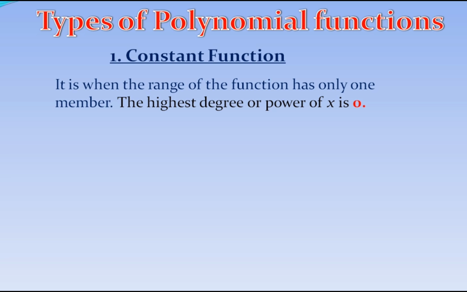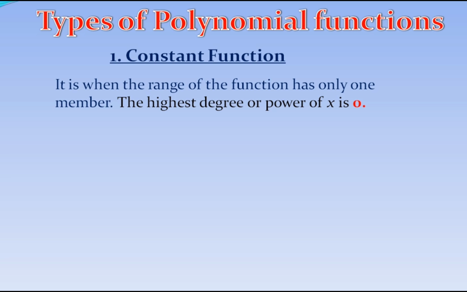When you have a function which has only a constant, note that the highest degree of that function is 0. So that is what we are talking about. For a constant function, you should be able to identify those functions from the other functions. So let's look at how we can write a constant function.